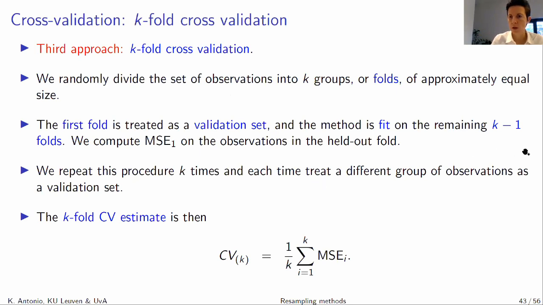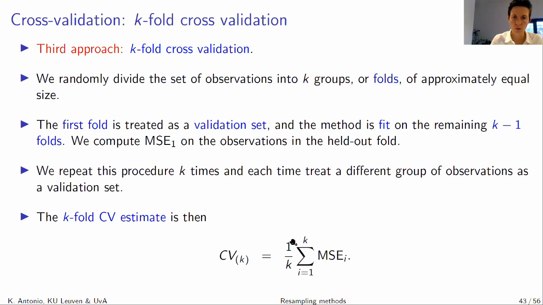And we're going to use the model built on these k-1 folds to predict the observations in the first fold. And that's going to create our mean squared error, or our loss function, evaluated on the first fold, right? We repeat this procedure k times, and we take the average of the calculated error rates. And that's what we call the k-fold cross-validation estimate.